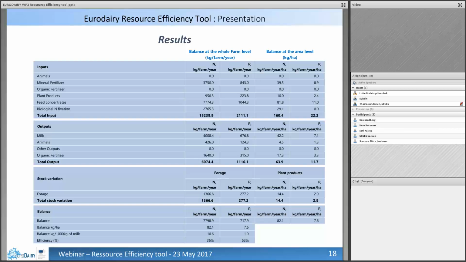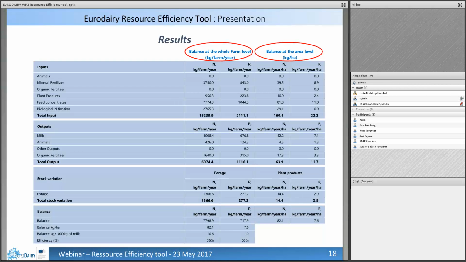You also have a lot of information considering the mineral balance at the whole farm level and at the area level. So you can find each input on the farm, animals, the same inputs I have described before.